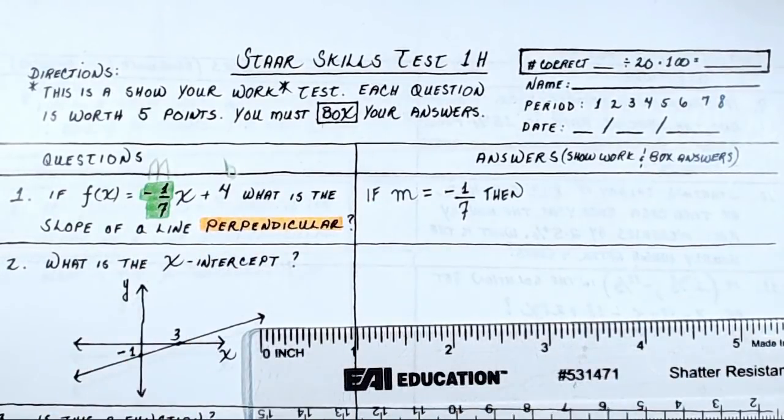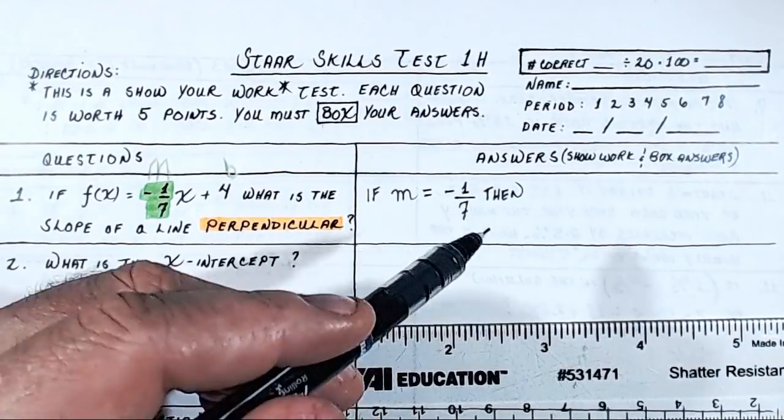Okay, let's talk about what reciprocal means. Reciprocal means you flip the fraction, or some people say invert, I-N-V-E-R-T, or flip.